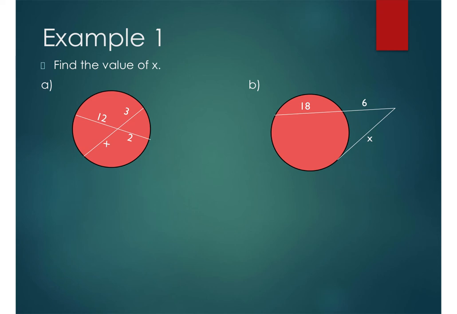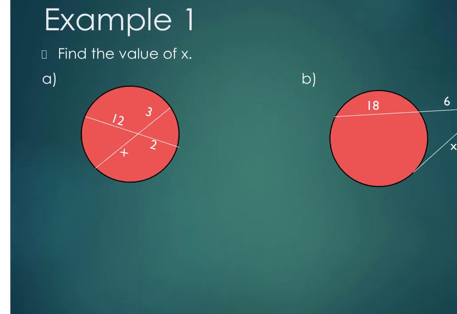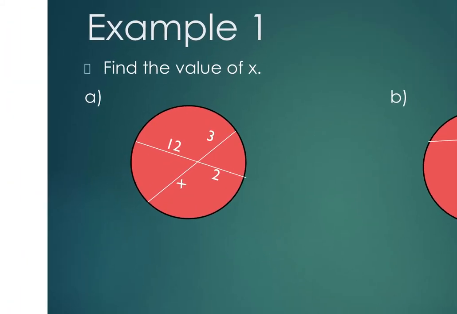This first example. So go all the way down to example 1, where it says find the value of x. In this example, I want us to figure out how we are going to find x. Well, there's two chords, right? Do they intersect each other? Now we've got 4 different segments.